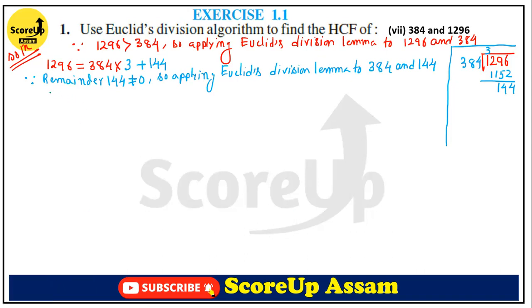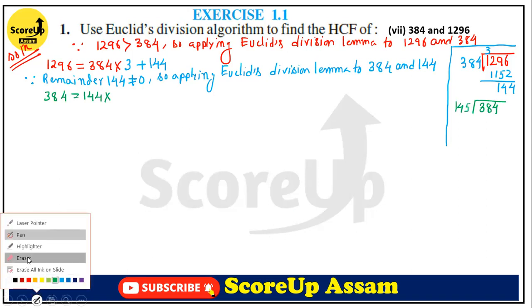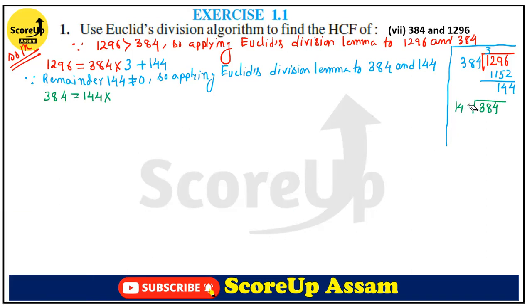So how shall we write like this? 384 equal to 144 into what? Right? So let's divide 384 by 144. It's close to 150, right? That means how many times it will go?